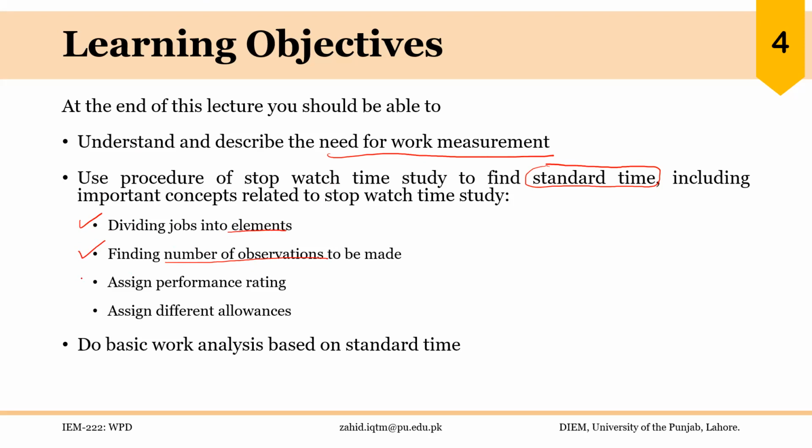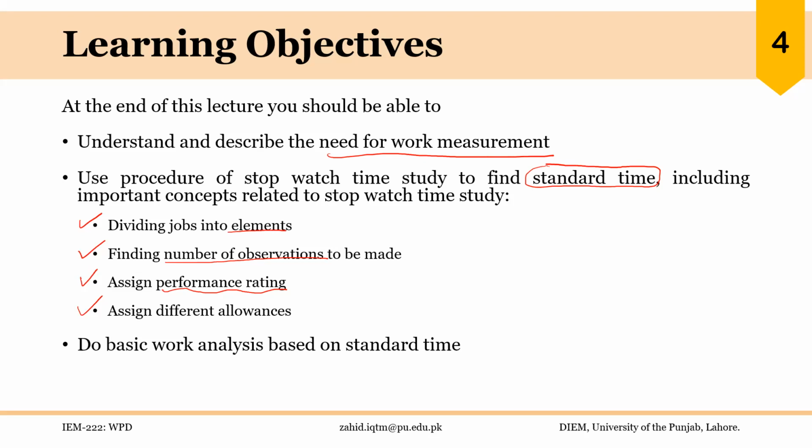Then there is an important concept of performance rating. So we'll see how we rate the task that is being performed by a worker. And you should be able to assign different allowances in time study. And once we have found the standard time, it can be used in a number of ways.